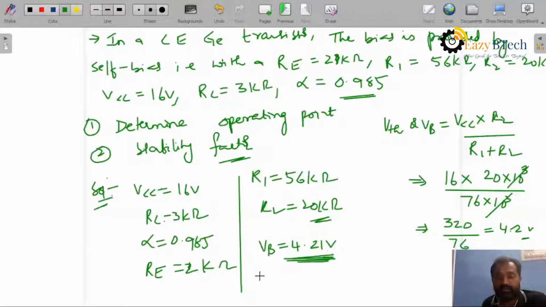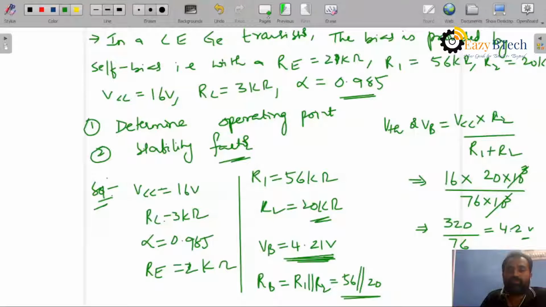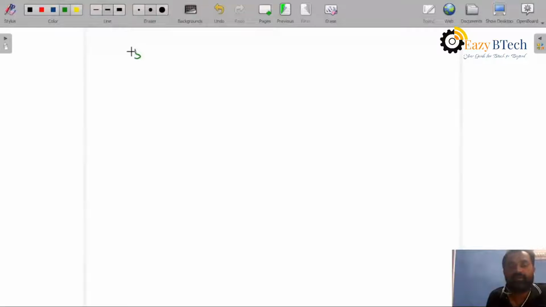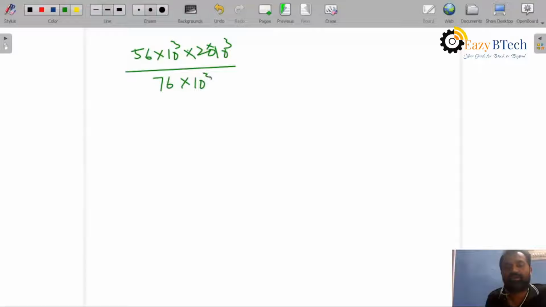Similarly RB. What is the RB value? RB is R1 parallel to R2. R1 is 56 kilo ohm parallel to 20 kilo ohms. Is it clear? Now what you are getting? 56 into 10 power 3 into 20 into 10 power 3 by 76 into 10 power 3.